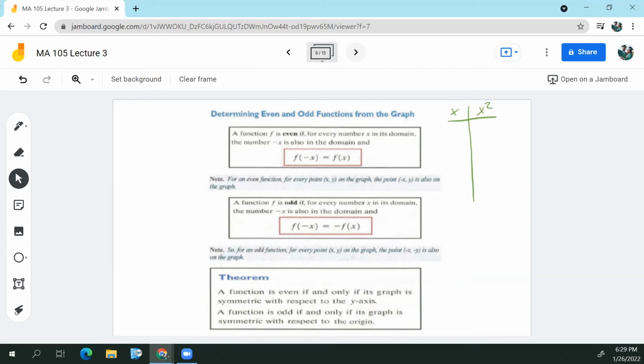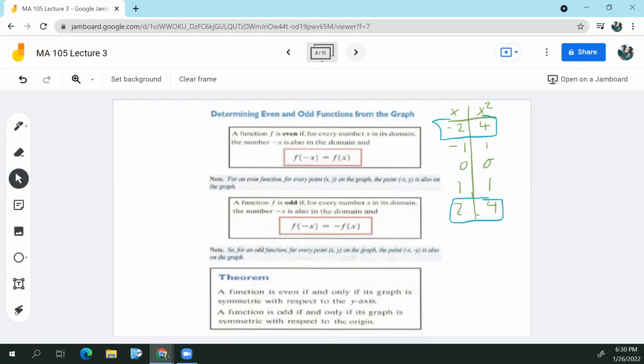If I plug -2 into this function, I get out 4, right? Because -2 times -2 is 4. Plug -1 in, I get 1. If I plug in 0, I get 0. If I put 1, I get 1. If I plug in 2, I get 4. Are y'all following me so far? You're just squaring each of the numbers. I want you guys to know that if I plug in the negative version of the same value, I get the same number.